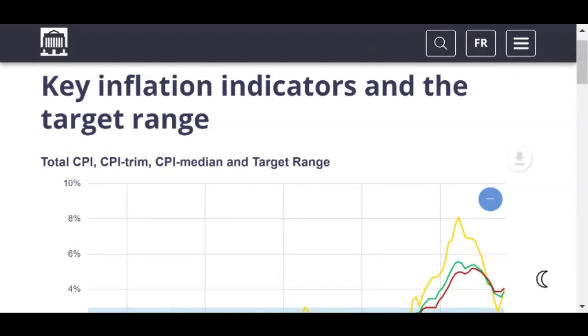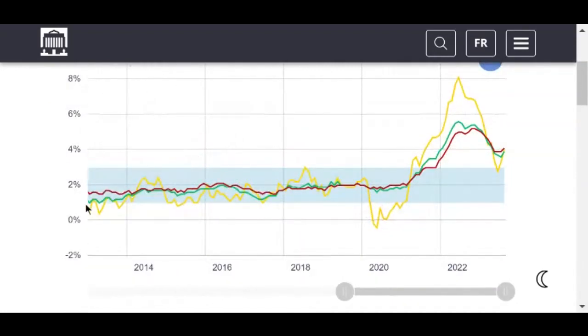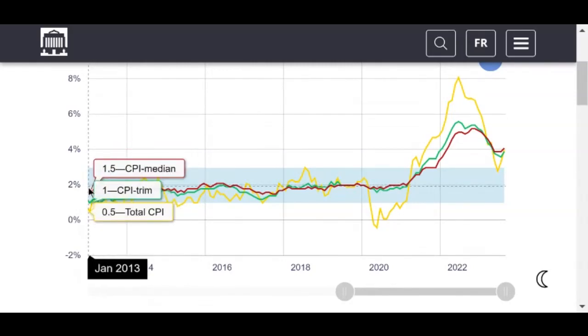So you have total consumer price index, CPI trim, CPI median, and target range. If you look at this diagram, you will see that the range is from 1% to 3%. But the Bank of Canada wants the inflation rate to be 2%.